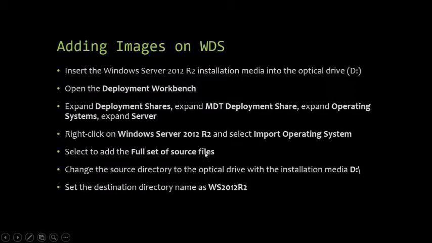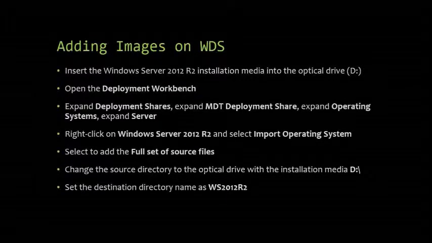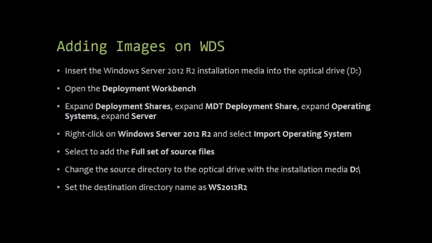Then choose the full set of source files because we're going to use the ISO, and change the directory to the optical drive with the installation media. Then set the destination to Windows Server 2012 R2, which is the folder we created.